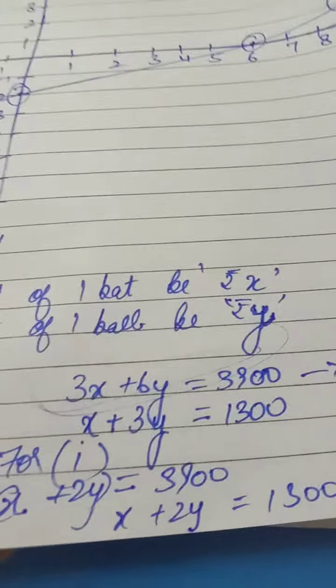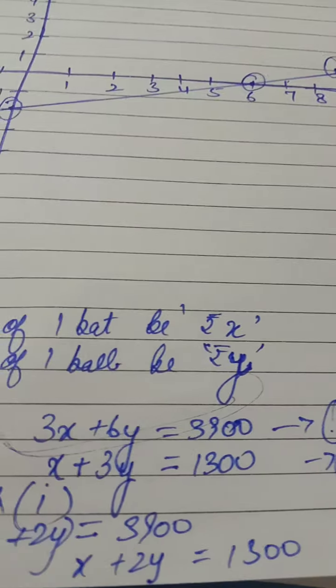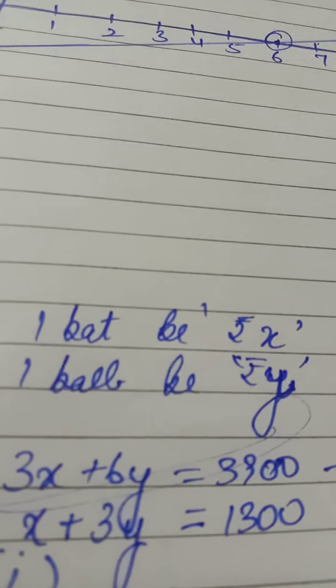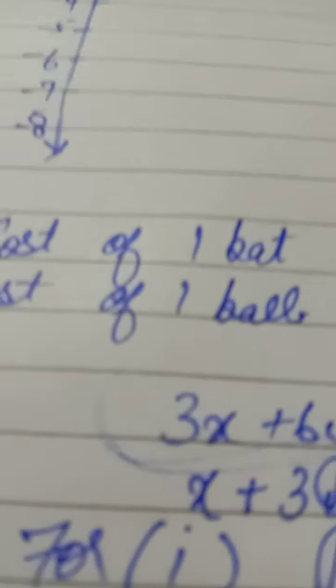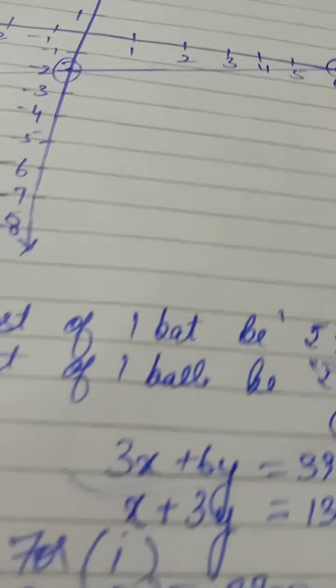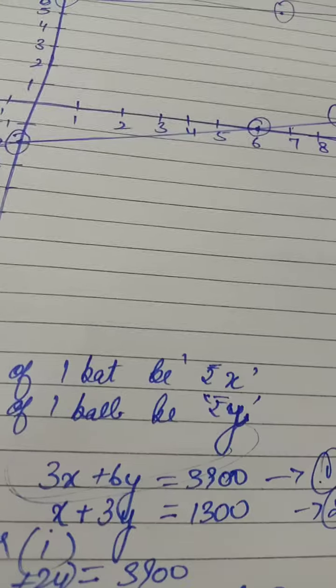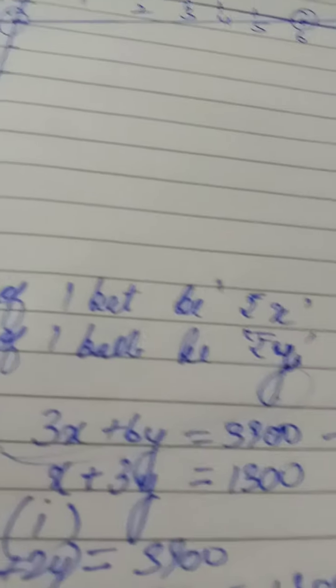Am I right? 7, we get 3, 7, 21, and 3, 6, 18. 21 and 18 we get 39, right? Then we have 900 and 200. 900 we get 27 and 200 we get 12, 27 plus 12, 3900.